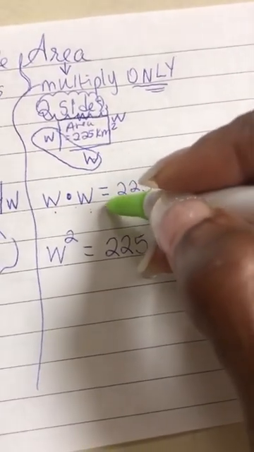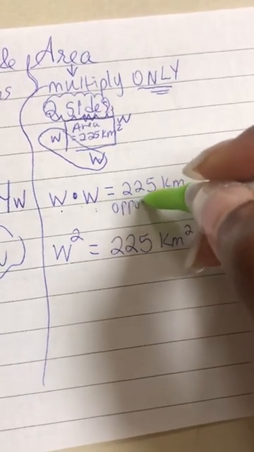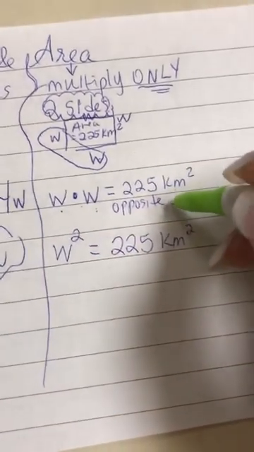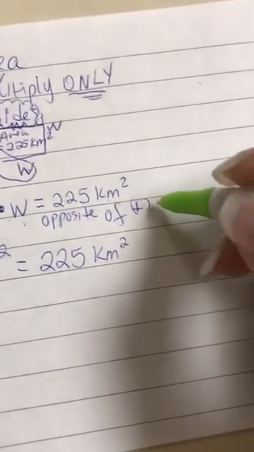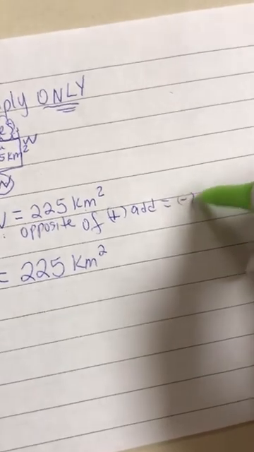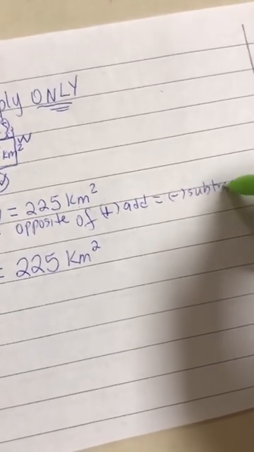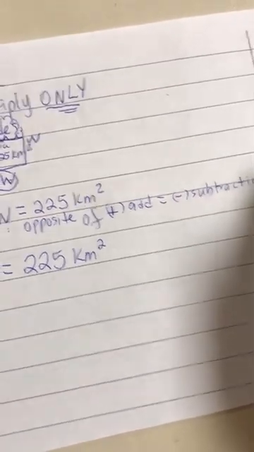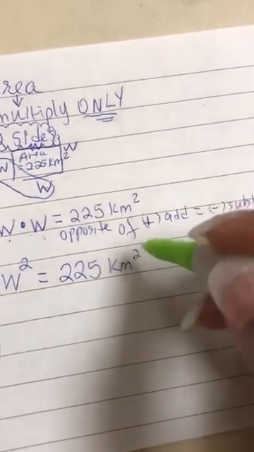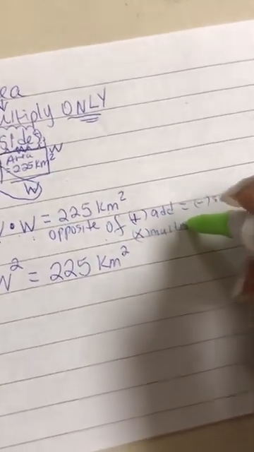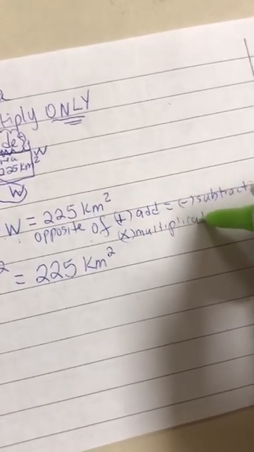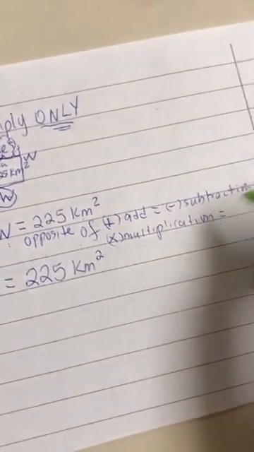The opposite of addition is subtraction. The opposite of multiplication is division.